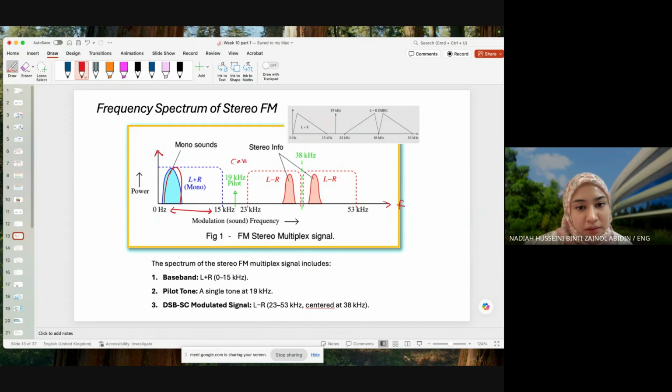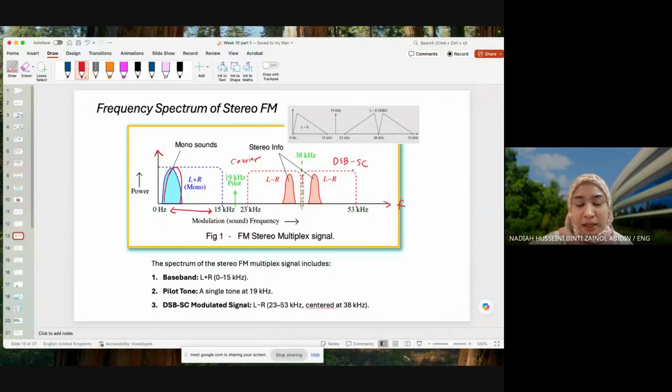Using the same carrier, we double it to become 38 kilohertz, and then we modulate the information to become double sideband suppressed carrier. Here it's represented with a dash, which means that the carrier is suppressed, and we are left with L minus R on both sides.